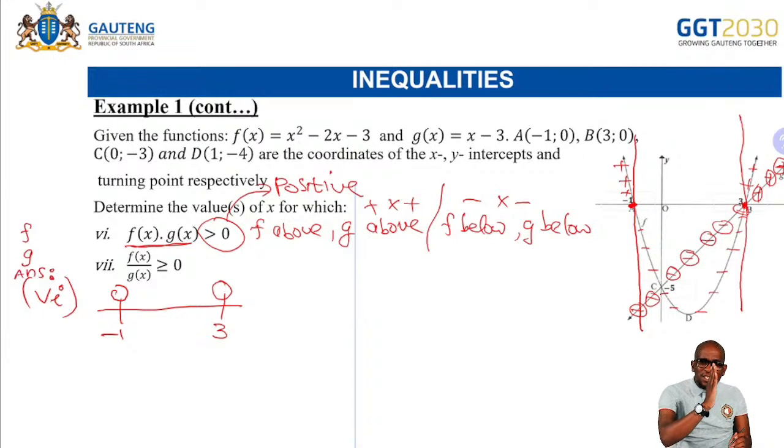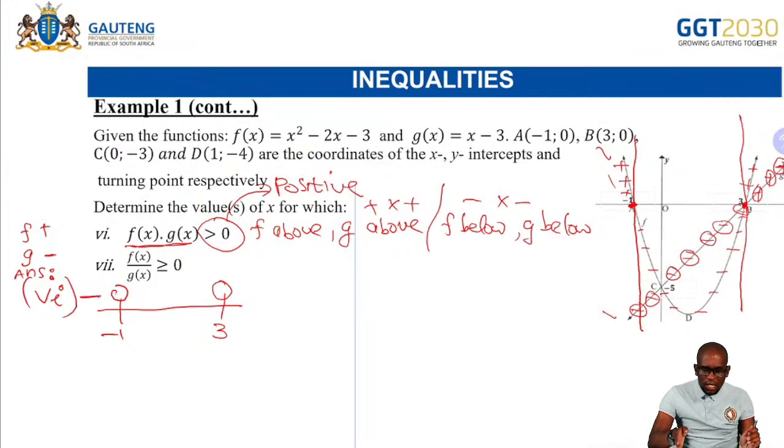You can see that this graph here is positive. This one is negative. So we have a positive for F and a negative for G. When you multiply the two, positive times negative, you get a negative.